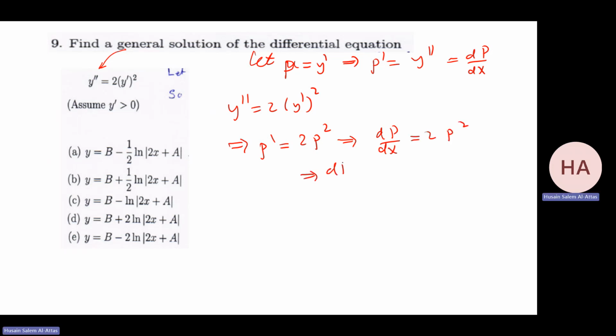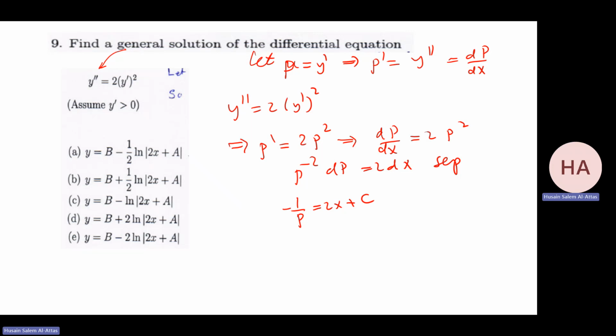In other words, dp over p squared is 2 dx. Yeah, that is a separable problem now. Solve it, integrate, I have minus 1 over p equal to 2x plus c. Okay.